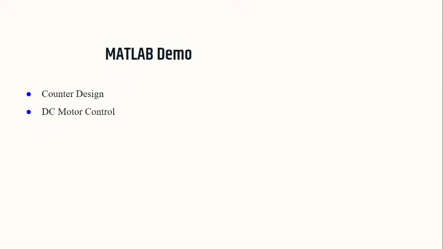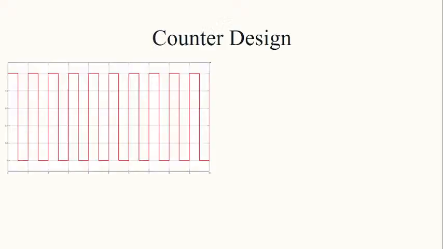Here we are showing the MATLAB demo. We are doing a counter design and DC motor control. How it is done in the simulation file, we can check that. So here, counter design.